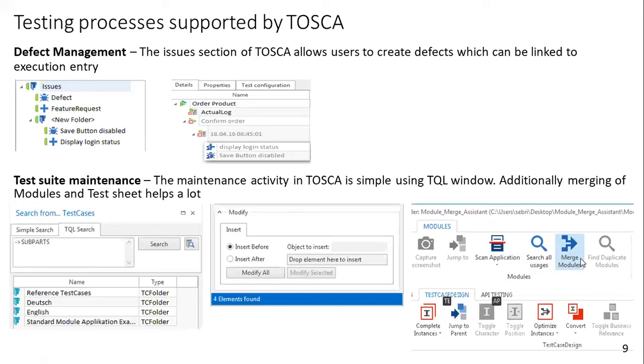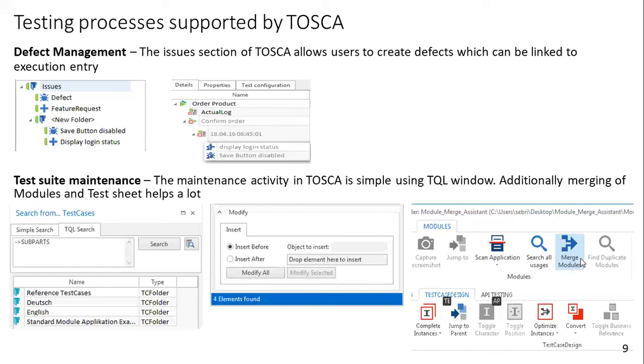Now, a real-time scenario: you are working on a particular page, and your friend is also working on the same page to identify test objects. He created one module, and you also created one more module. So you have created a duplicate module for the same page, in two different places.